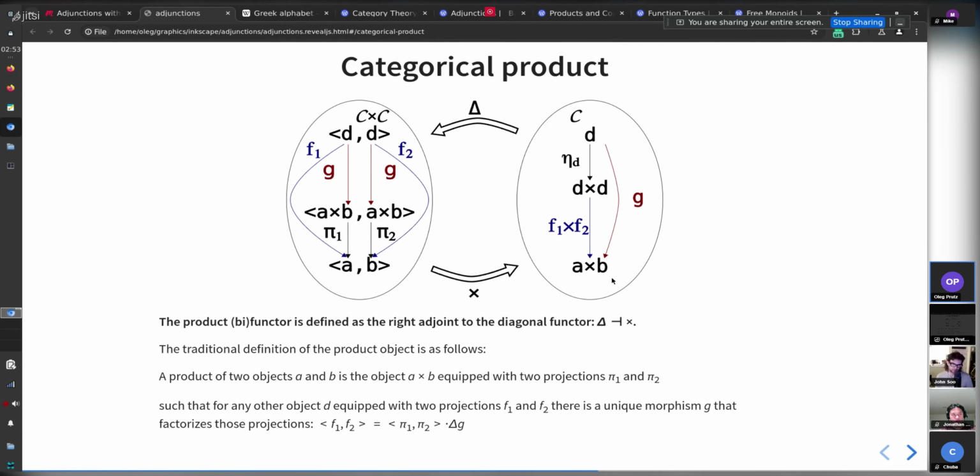So A cross B with two projections, such that for any other candidate with its two projections F1 and F2, there is a unique morphism G that factorizes those projections. So it expresses the projections of the other candidate in terms of the projections of the actual product.